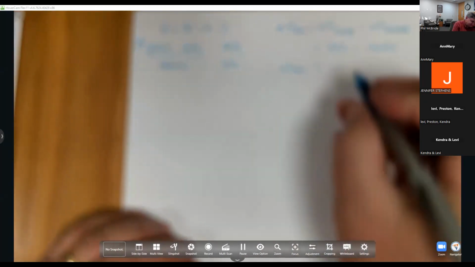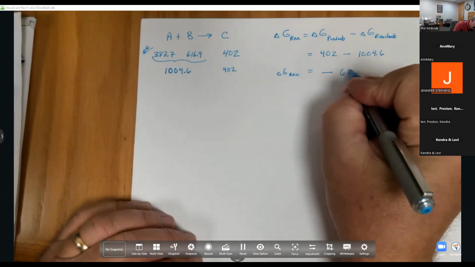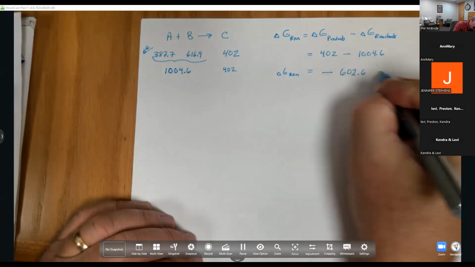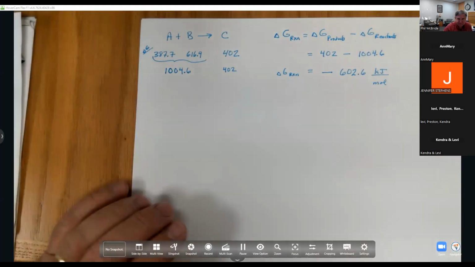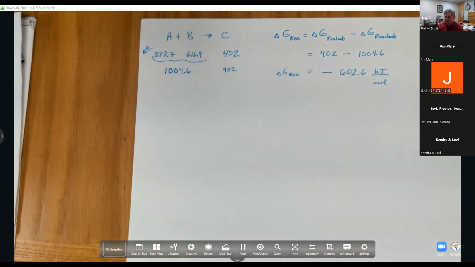The difference is negative 602.6, and the units were kilojoules per mole. So negative 602.6.